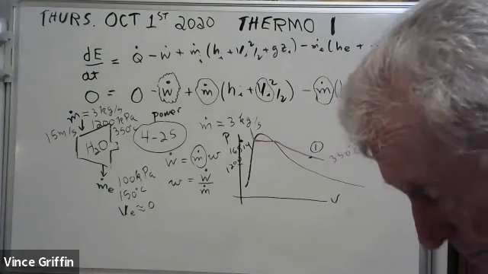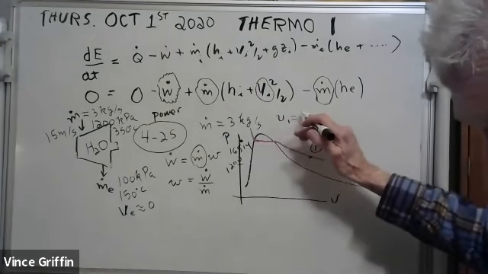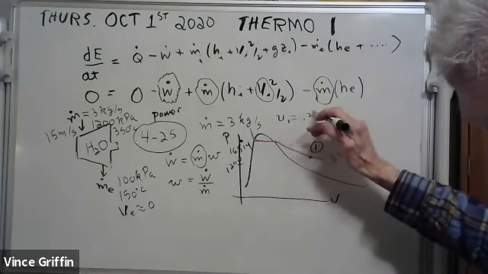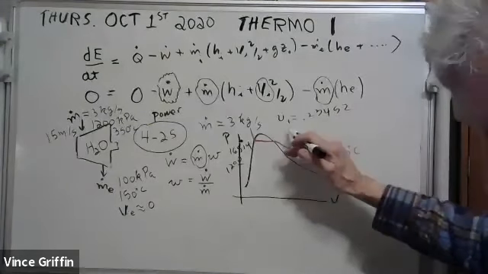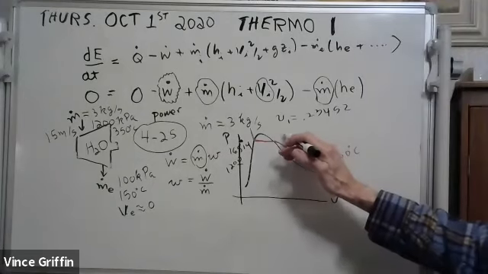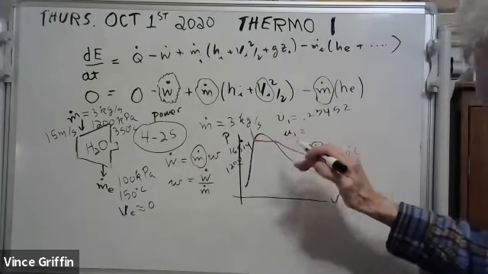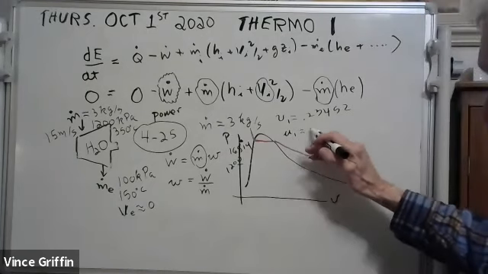350°C. Let's see if we can write down some stuff. Little v1 is 0.23452. We could write down all this stuff if you wanted. Little u1 is equal to 287,216.